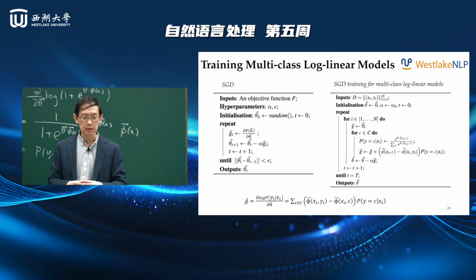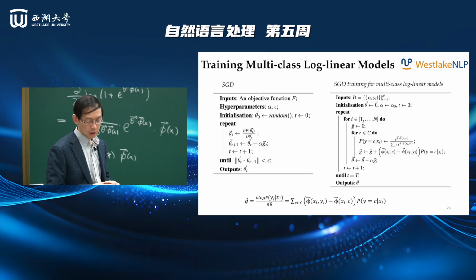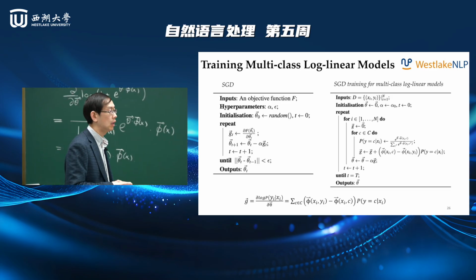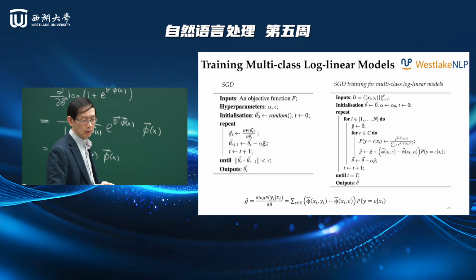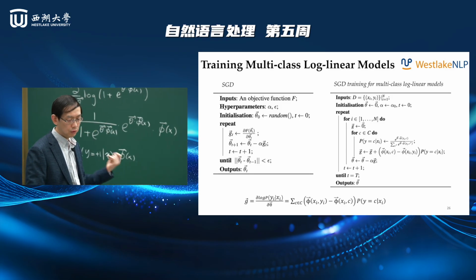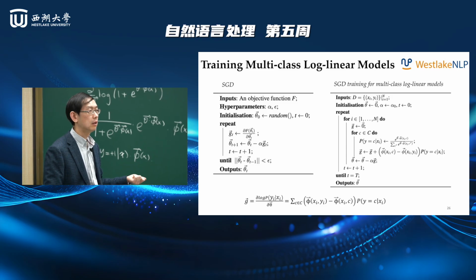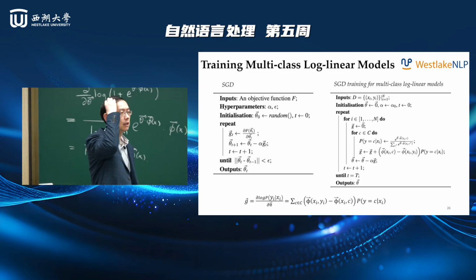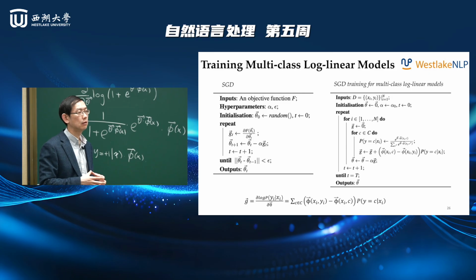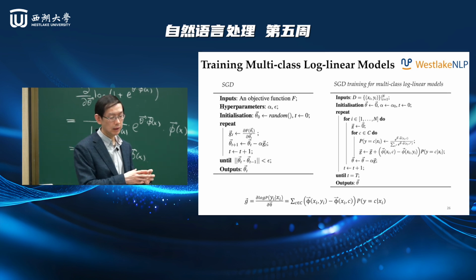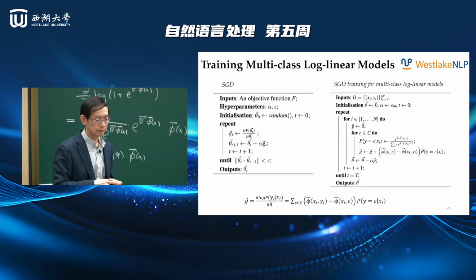For every training instance, I calculate the probability of every possible output label. And then I use the gold feature vector minus this feature vector, times the probability of this class label, as the parameter update. And I use alpha as the learning rate, as written in this pseudocode. All right, and that's how to train the model.